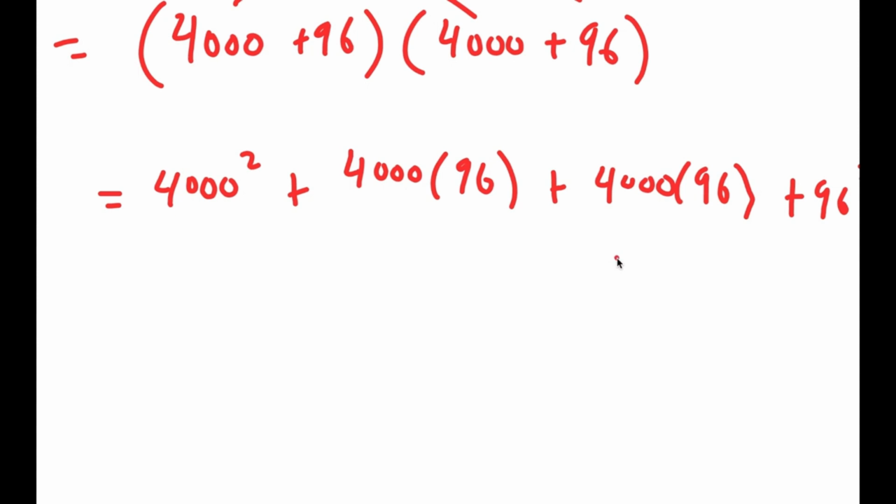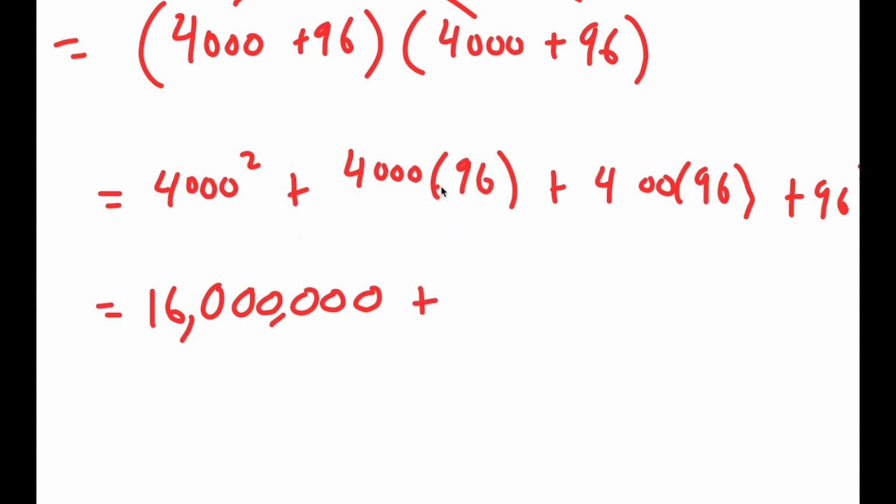Now, from here, 4,000 squared is simple, because all we have to do is 4 squared, which is 16, and then 1,000 squared, which is a million. A million has 6 zeros, so all we have to do is add 6 zeros to the end of this. So I get 16 million for 4,000 squared.